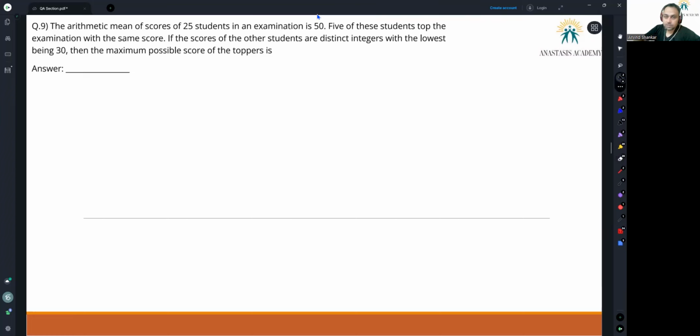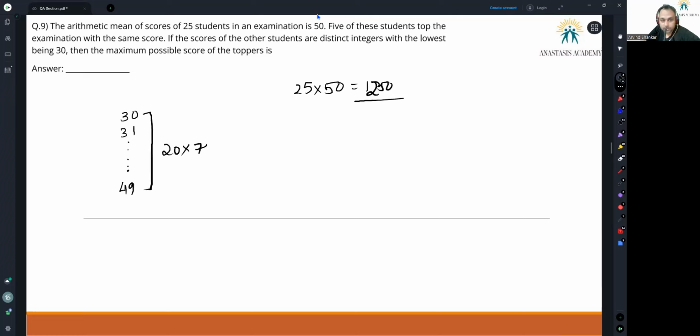Sum of scores of all kids together is 25 into 50, which is equal to 1250. For the lowest kids, scores 30, 31, and so on, up until 49. Just 30 to 49 is 20 kids. So sum of their score would be 20 into 79 by 2.